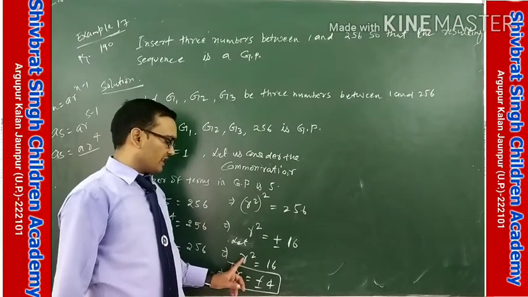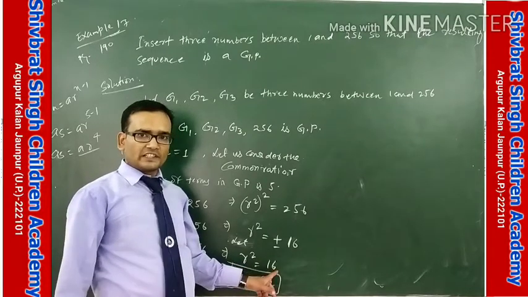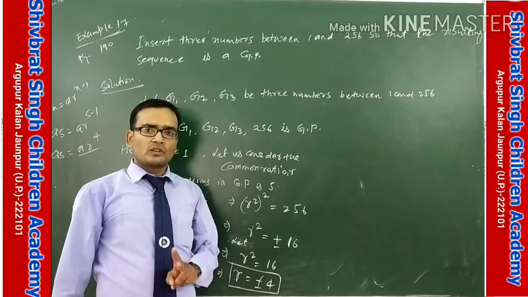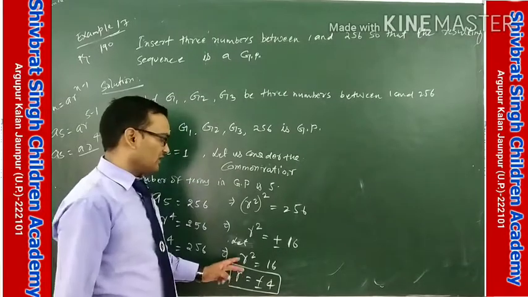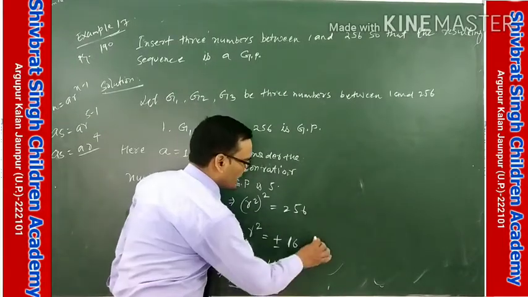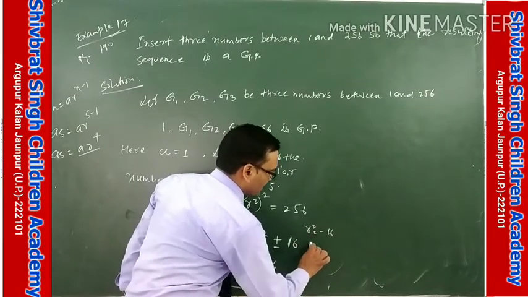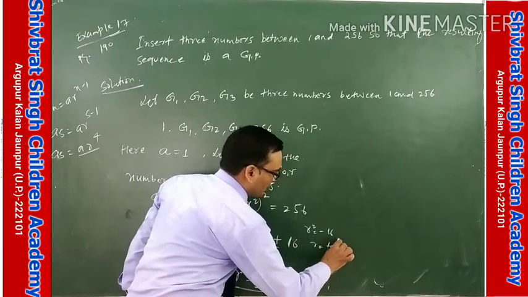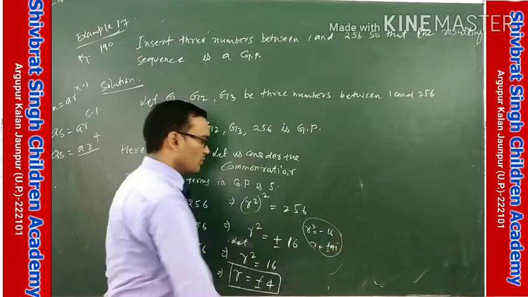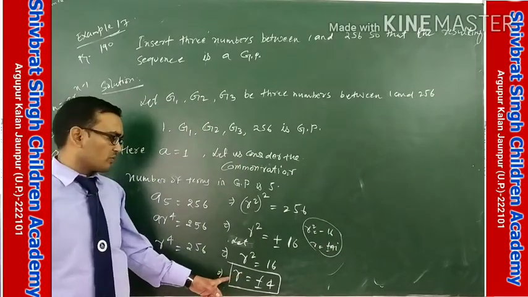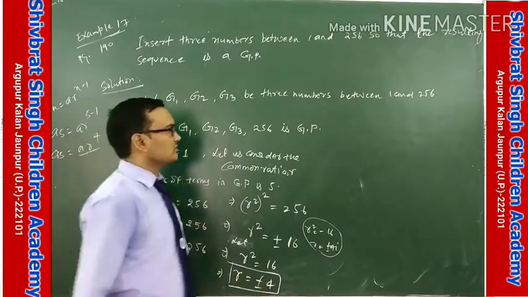If we take r square equal to minus 16, then it gives two imaginary values of r, r equal to plus minus 4i. We leave this value and only take the real value r equal to plus minus 4.